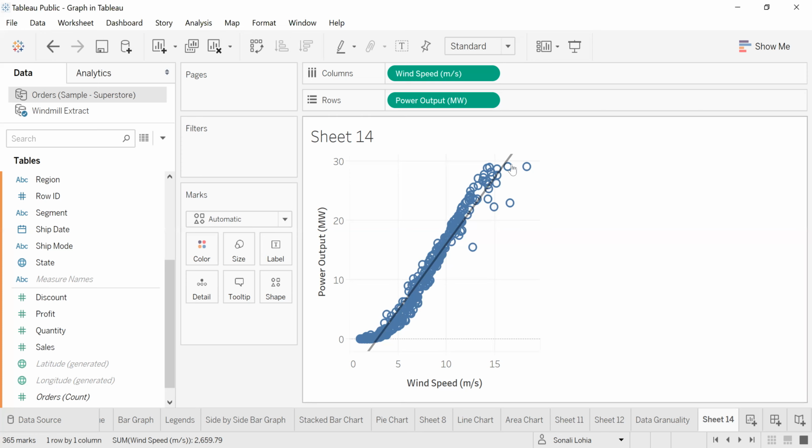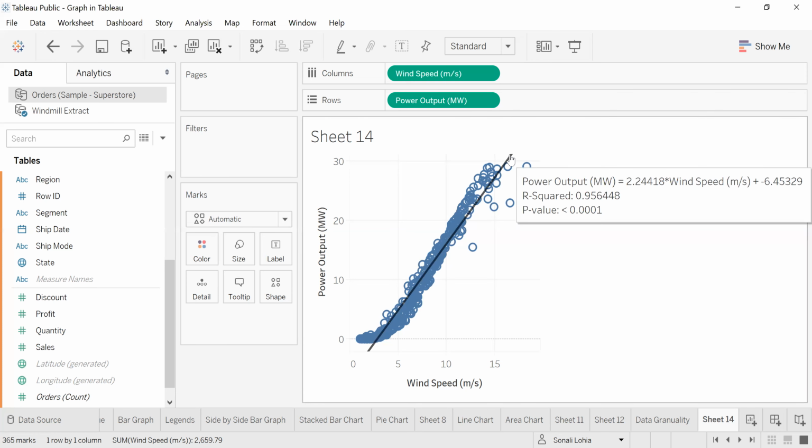In this equation, y, the power output, equals 2.24418 times the wind speed, which is 50 here, plus minus some value, minus 6.4539. If you put this value, you will get the output for 50 meters per second, right?